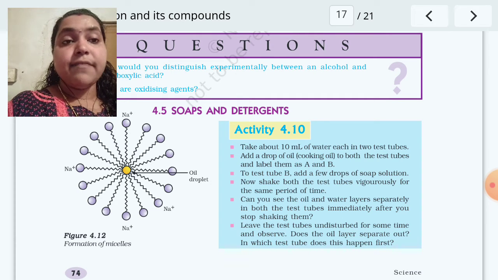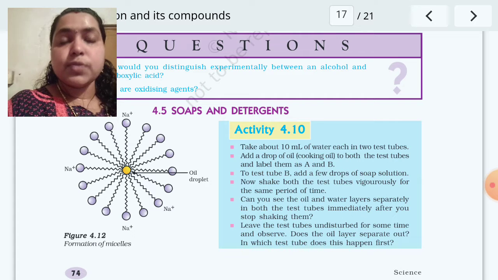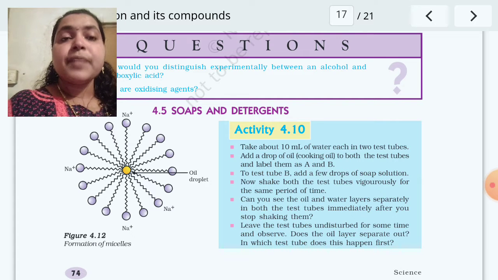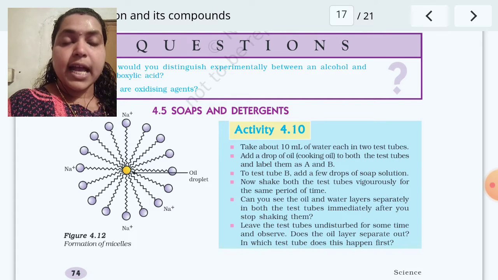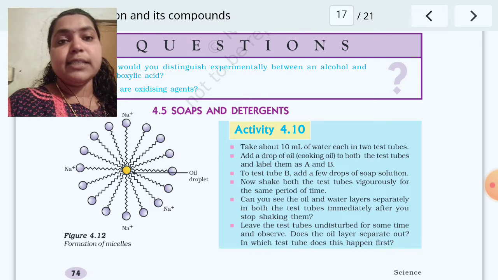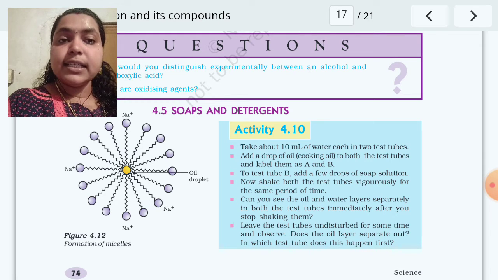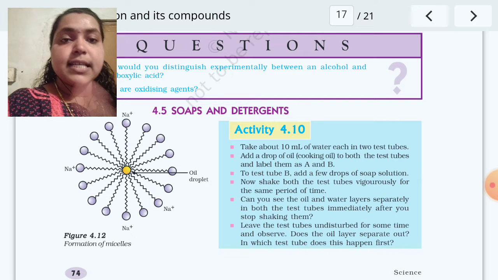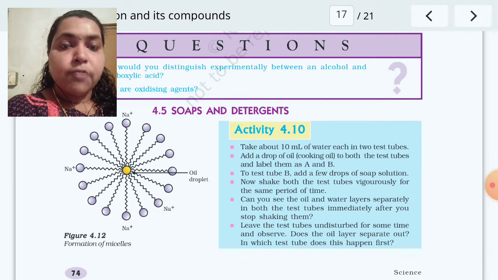Micelle is formed around the dirt particles. So this is the micelle, which you can see in figure 4.12.